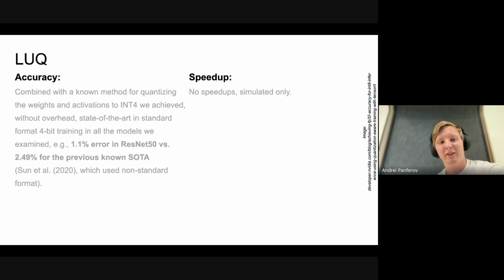The first method that I want to take a look at is LUQ, which is lookup quantization. They mostly tested their method on vision models, and they described the usefulness of their method by demonstrating that it only drops about 1% of accuracy on ResNet 50, which is a 2x improvement over the previous SOTA.